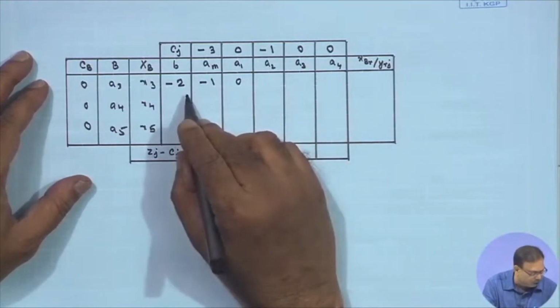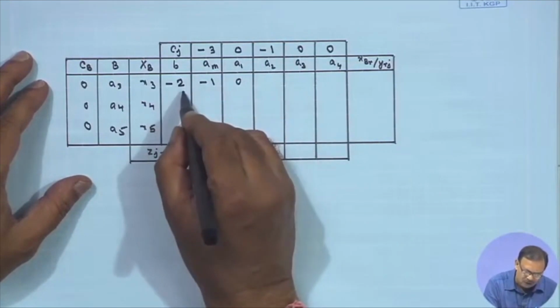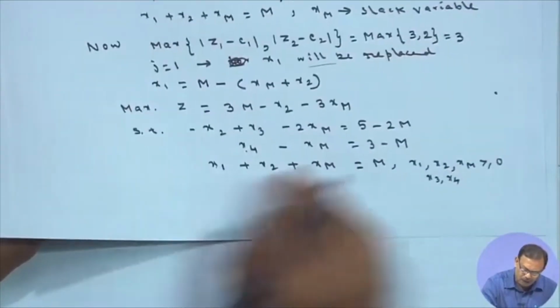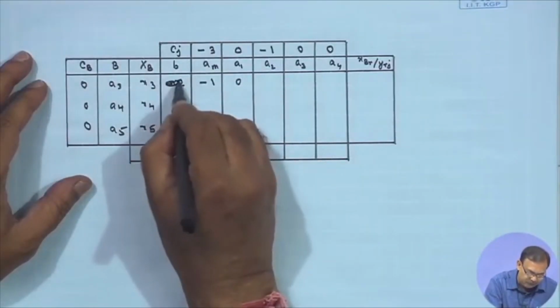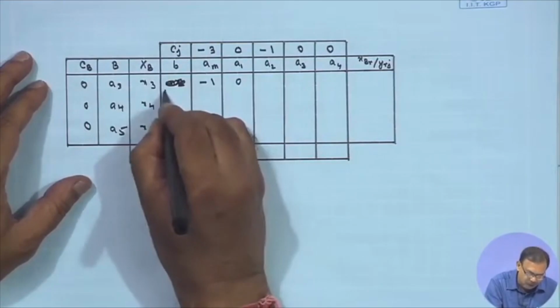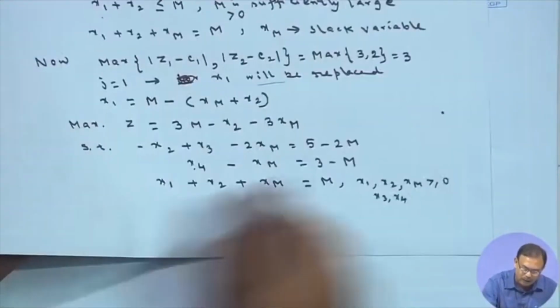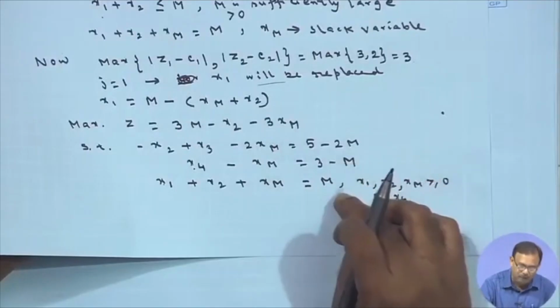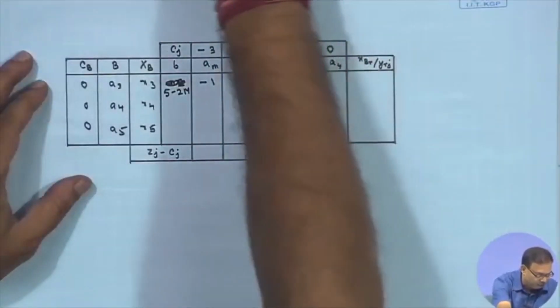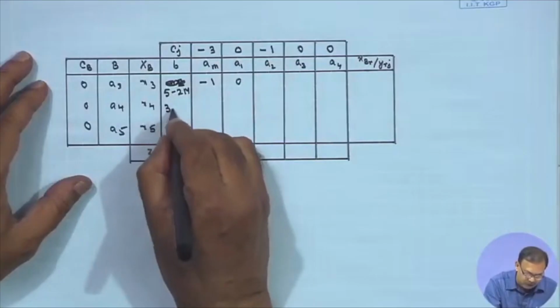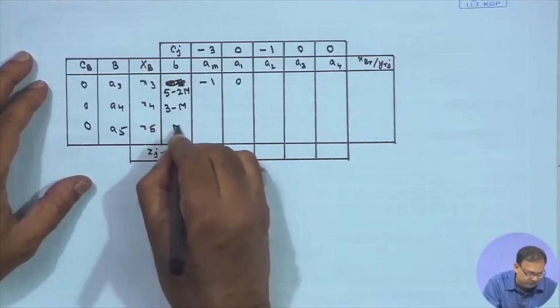Sorry, how will minus 2 come? This is 5 minus 2 m, 3 minus m and m. So, these are the b values: 5 minus 2 m, 3 minus m and m.